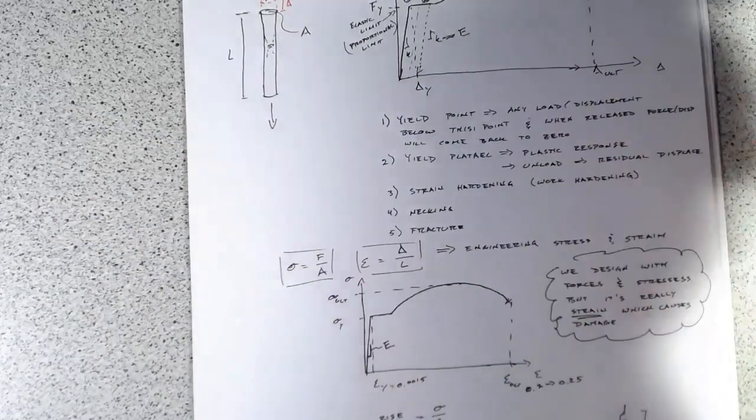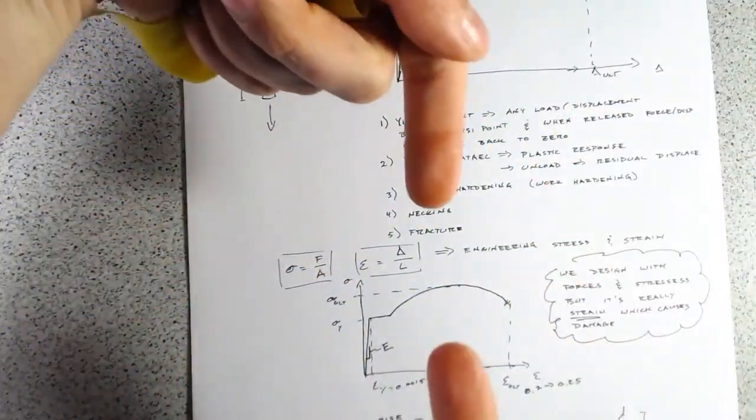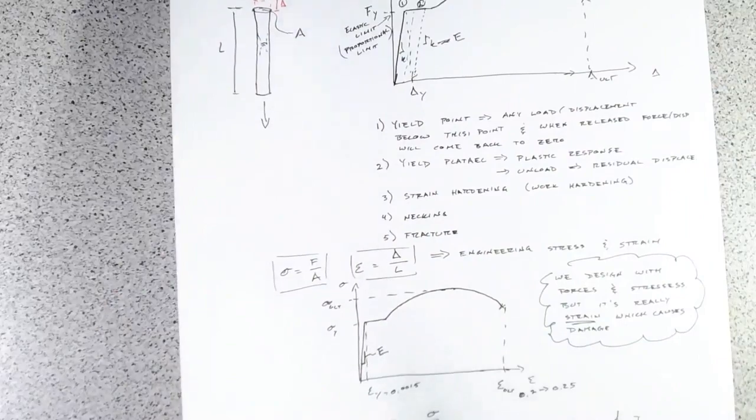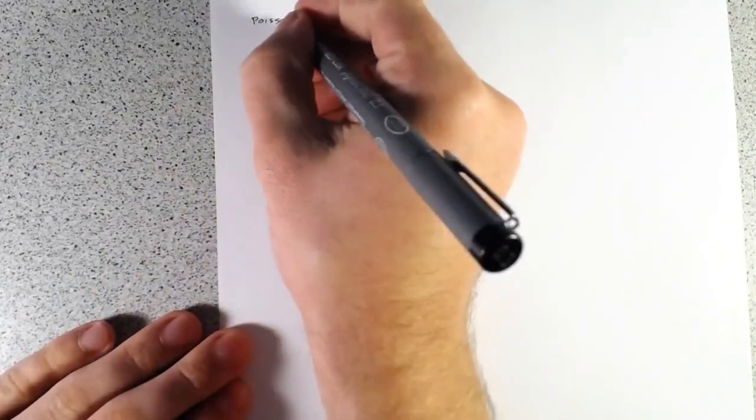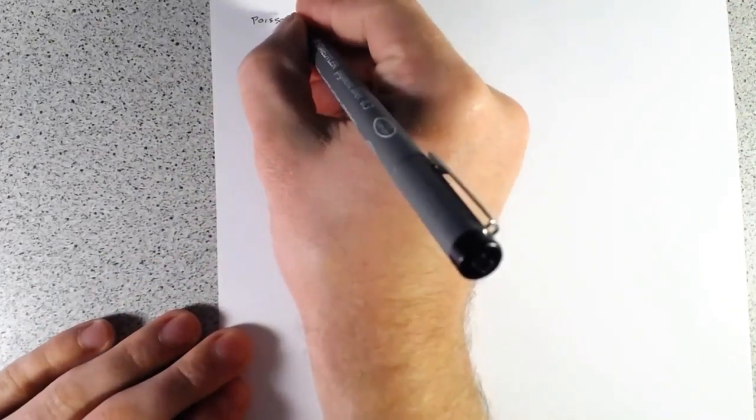For engineering strain, we ignore the strain where it's getting thinner in the middle, and for most of our applications, that's perfectly fine. But the relationship between those two is called Poisson's ratio.